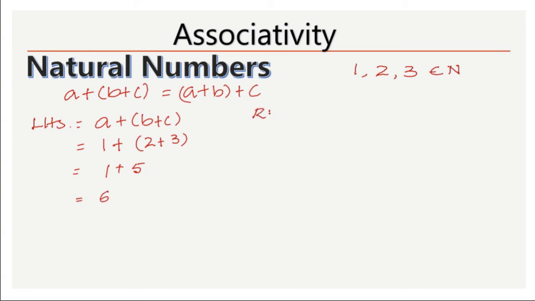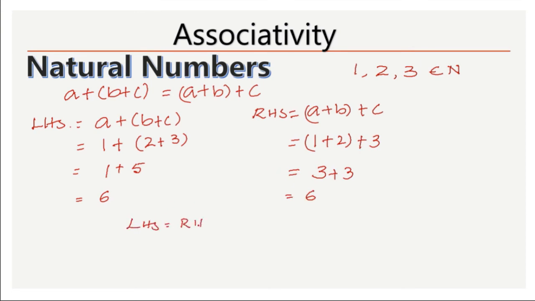Now the right hand side: we have the sum A plus B to be added to C. So 1 plus 2 to be added to 3. We get 3 added to 3. This is again 6. So we get left hand side equal to right hand side. Hence, the associativity under addition is verified.